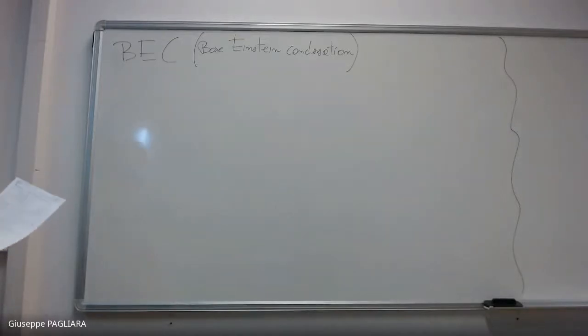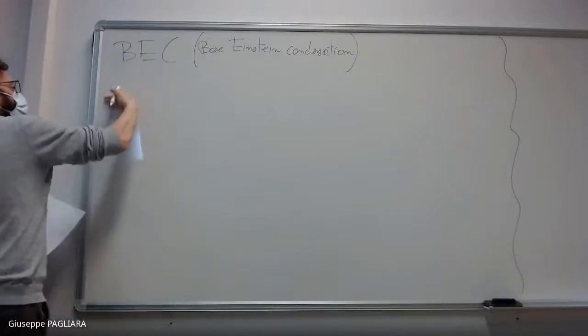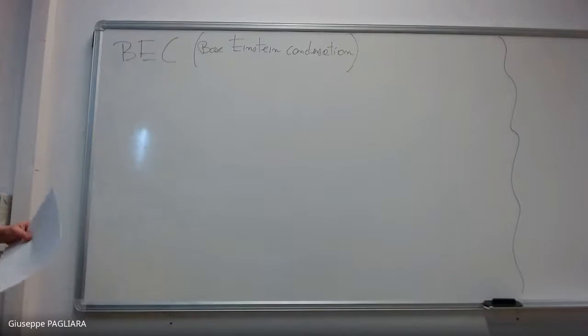So, Bose-Einstein condensation. The starting point is this equation here, but from the previous equations, I was forgetting completely about the fact that there is a divergence, which is related to the situation in which the particles have zero momentum and z approaches 1 from the left.